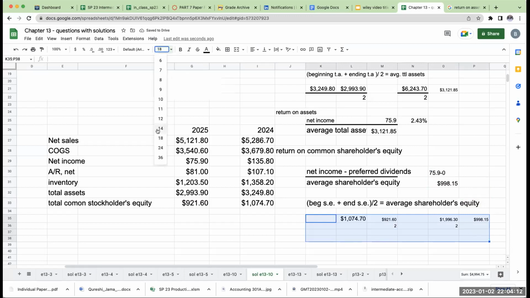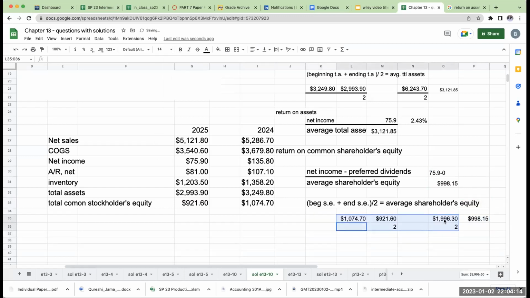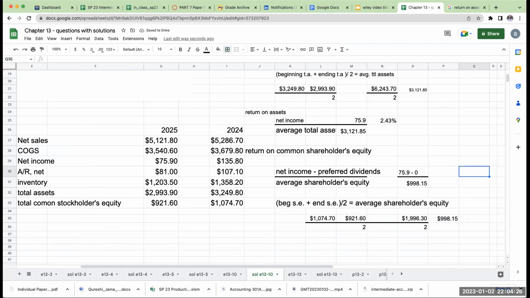When we come over here and look at this, this is 0 in preferred dividends. So what I'm doing here then is I'm taking 75.9 and dividing it by 998.15, or my return on equity is roughly about 7.6%.